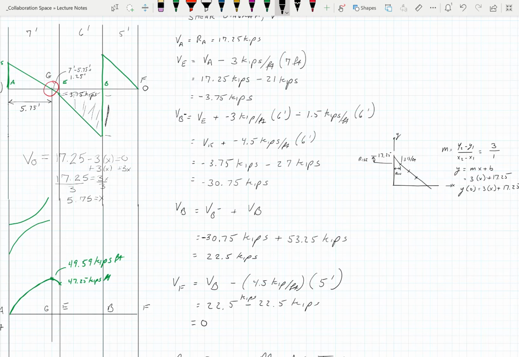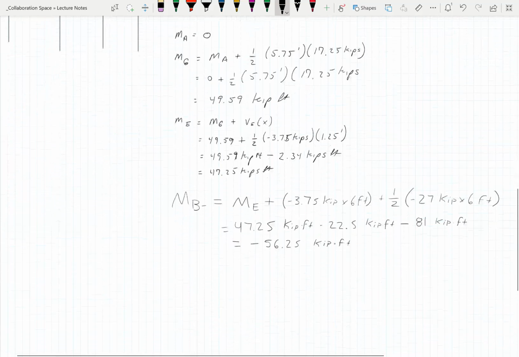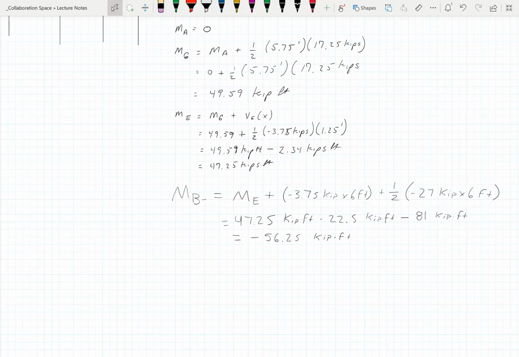And then this is 6 feet, and that's 3.75. So that's how I figured that out, I guess. I used the length for B to B, and not B to B.